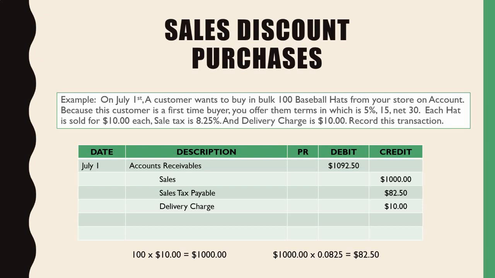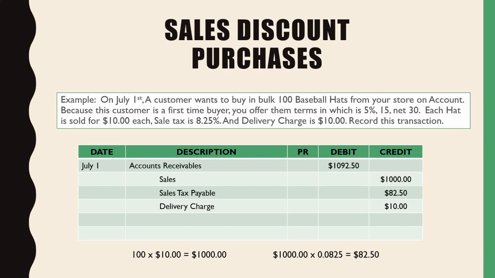This person could have literally walked into the store and walked away with all 100 hats, but because we said, instead of you having to carry all these boxes of hats, how about we just deliver to you what you want, for a $10 charge. Or maybe we didn't have it in stock, so we'll deliver it for you. You cannot discount delivery charges.